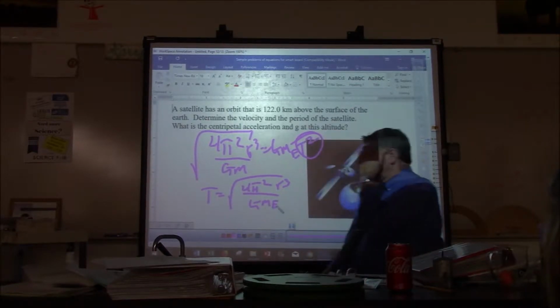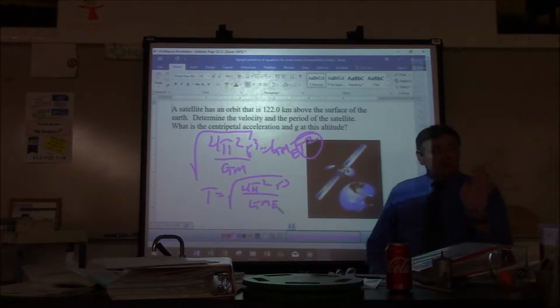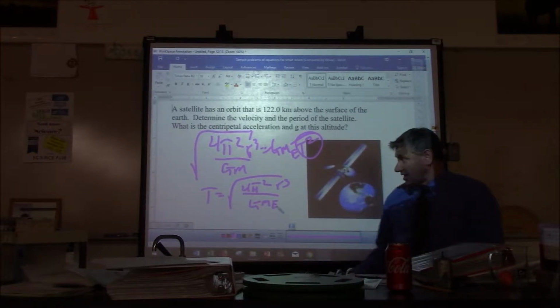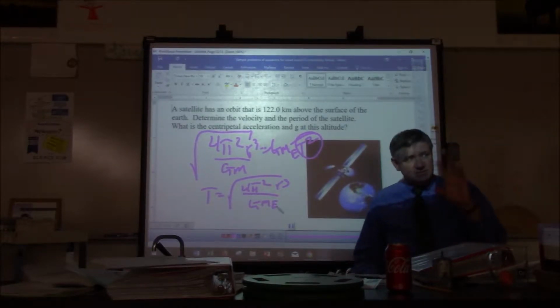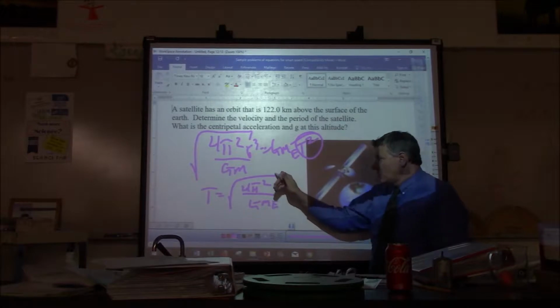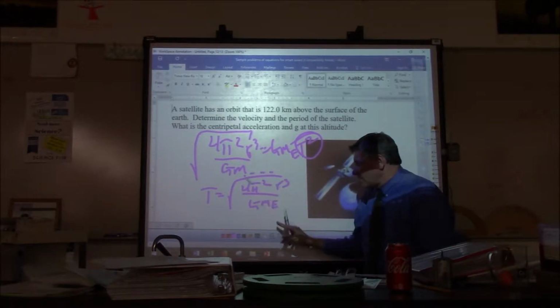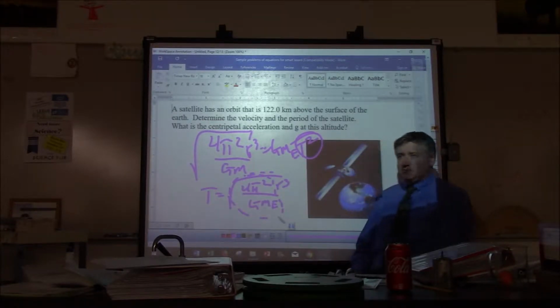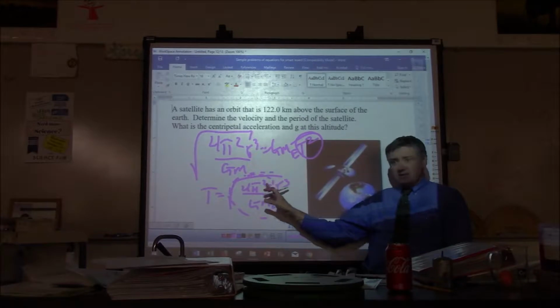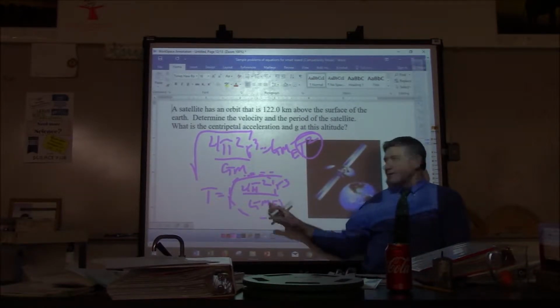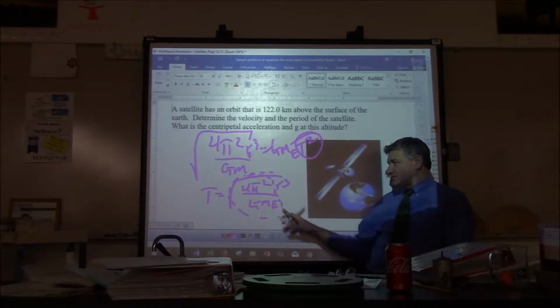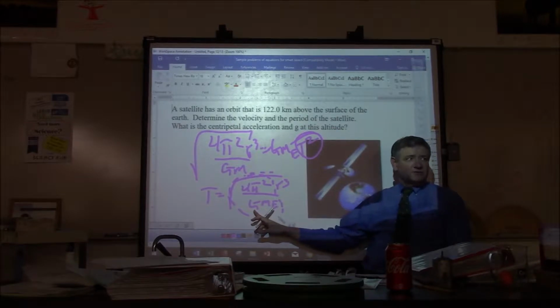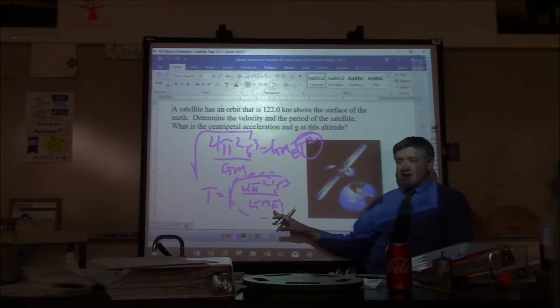Now, if you were doing this calculation a lot, and if you think about it, this makes sense. This whole thing, this 4 pi squared over big G mass of the Earth, is actually just one constant. In this calculation, as long as you're orbiting the Earth, these numbers will never change. You're not going to change big G, the gravitational constant. You're not going to change the mass of the Earth.